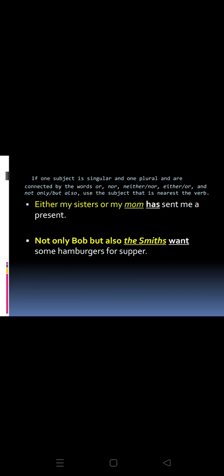If one subject is singular and one plural and are connected by the words or, nor, neither nor, either or, and not only but also, use the subject that is nearest the verb. This is very important. These types of questions come for competitive exams as well. Either my sisters or my mom has sent me a present. Now, why "has"? Because the nearest to the verb is singular, that is mom.